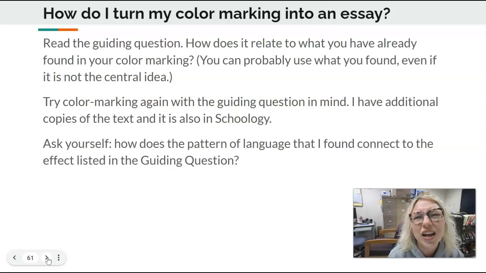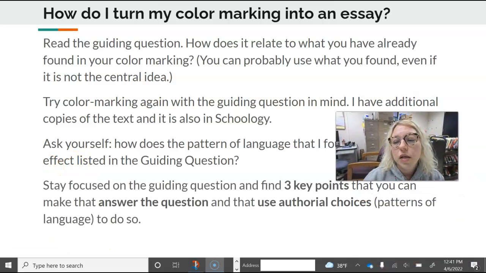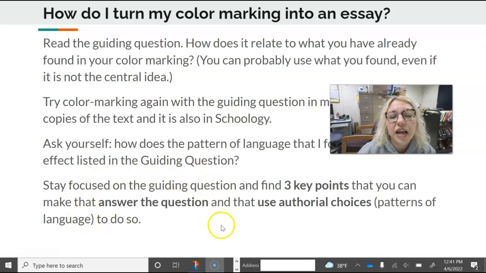References, and those are kind of broad umbrella terms, but those are going to help you to connect what you've color marked to the guiding question, okay? The other thing every guiding question has is an effect, and that's a connection to some kind of theme or meaning. So stay focused on the guiding question and find 3 key points.